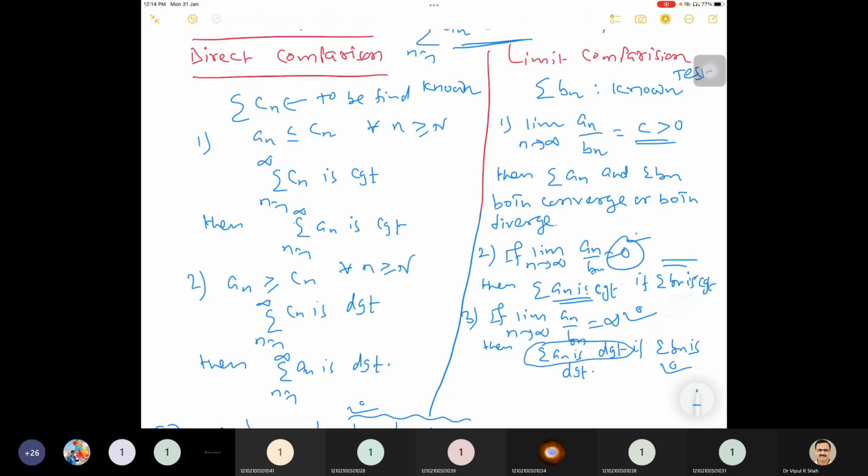0 and bn convergent, then an converges. I will take the example, but you need to write down the statement of the theorem. So write down this statement. And it's easy to apply this theorem.